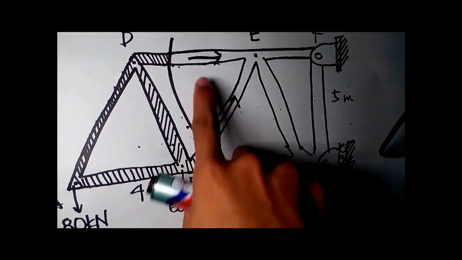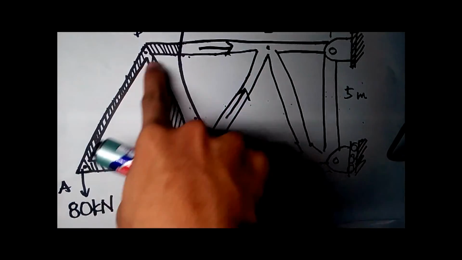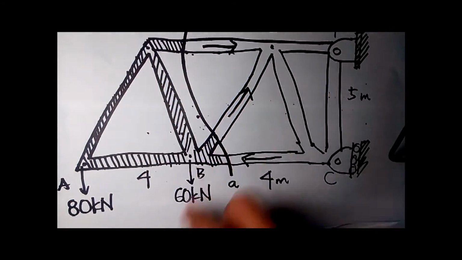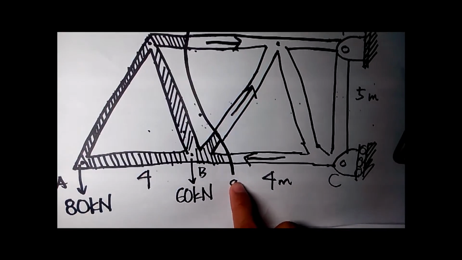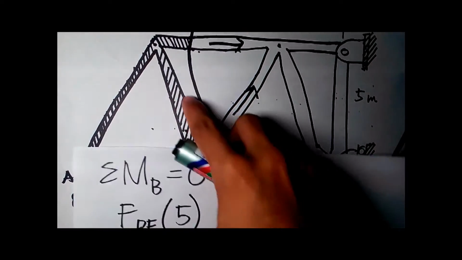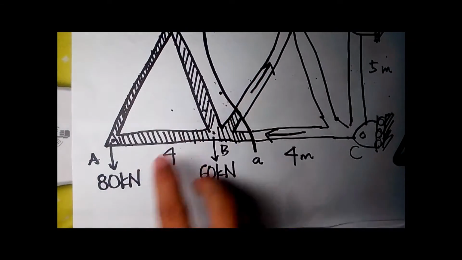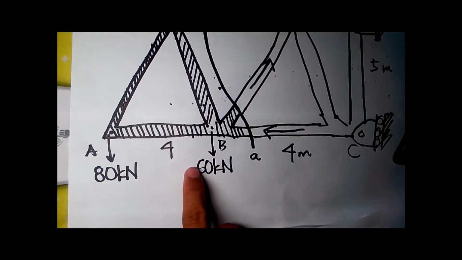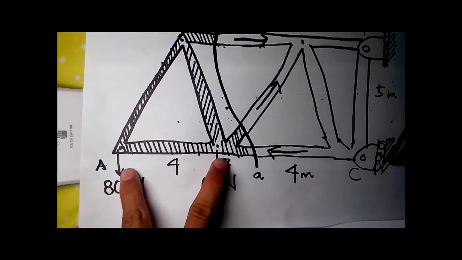Here is point B. The arrow points to the right. It is clockwise, so it's positive. Here 80, and the distance from B is 4.